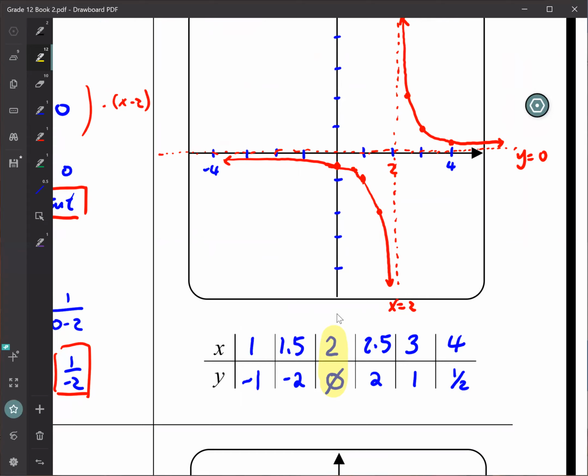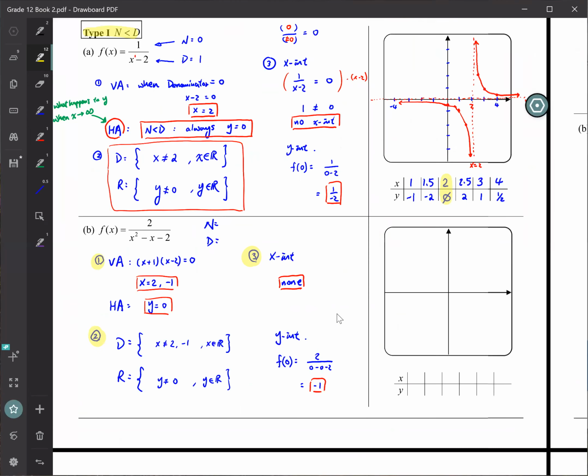So we need to know what's happening around the asymptote. So when we make the table for this second graph, you want to make sure you also have points around both asymptotes. So we need to space out our table, okay? You need at least 1 point on each side.